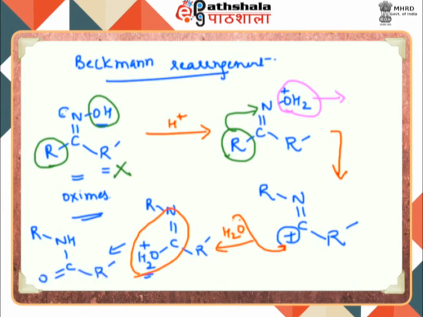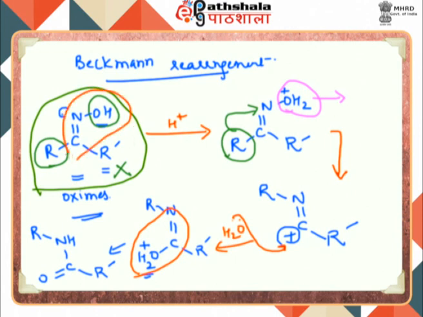So what you can notice is that right from the beginning, the oxime, the C double bond NOH group, has been converted to CONH, where out of the two groups R and R dash, the R which is anti to OH gets attached to the nitrogen in the product.